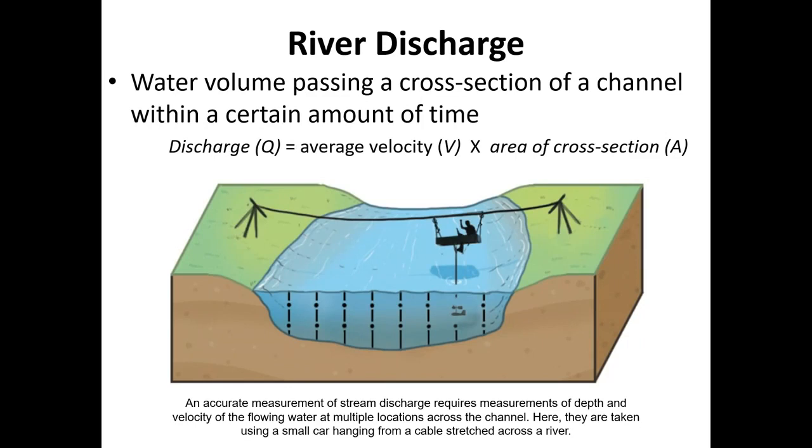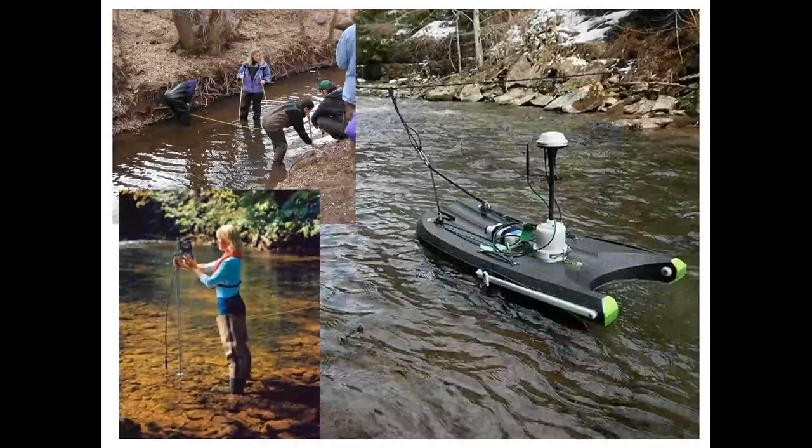In order to measure this, you have to take numerous different readings in different parts of the river at different elevations and at different points, measuring how fast the water is moving. They used to have people who would cross over little cables on a little cart and take measurements. Now it's a little different. It's not quite as exciting. They usually have drones do it now.